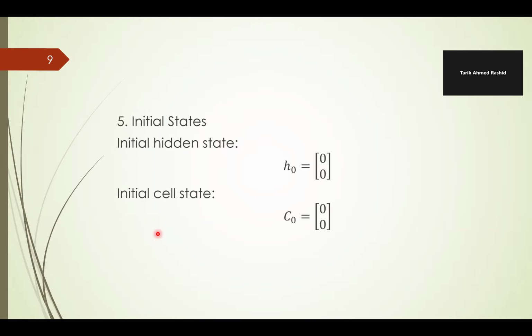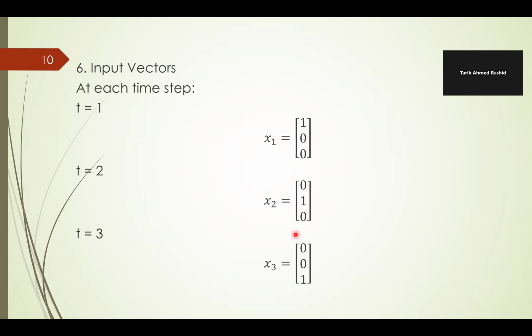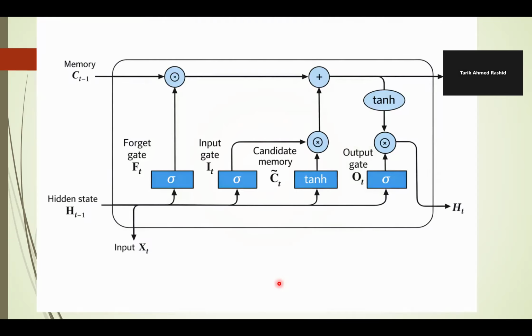Now, initial state: we have hidden state zeros, nothing there, and cell state zero. But we have input vectors. I like Rojava, so that is x1, I is 100, like is 010, and 001 is for Rojava.